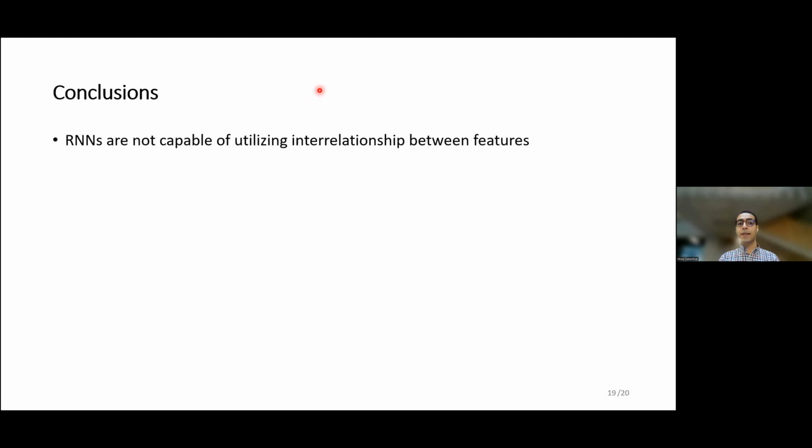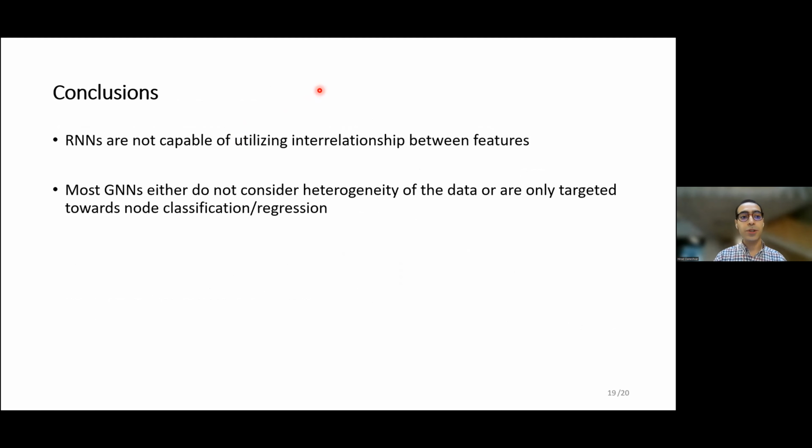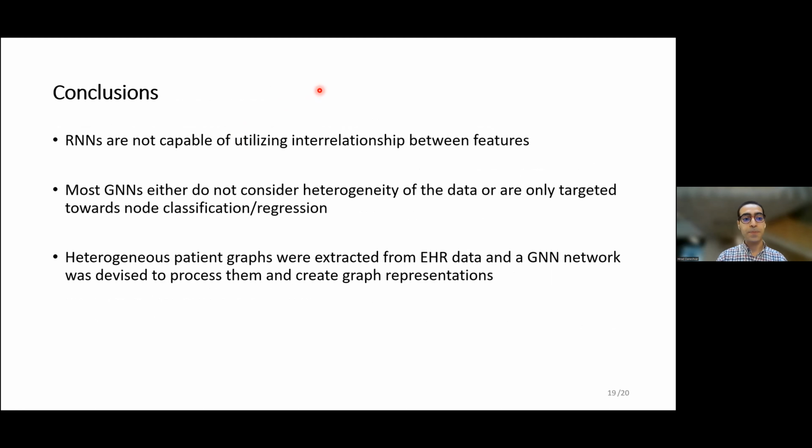So RNNs are not naturally capable of utilizing interrelationships between features. Most GNNs either do not consider heterogeneity of the data or are only targeted towards node classification or node regression.